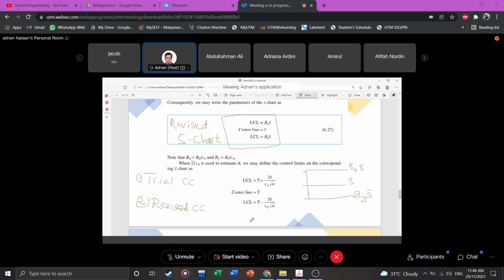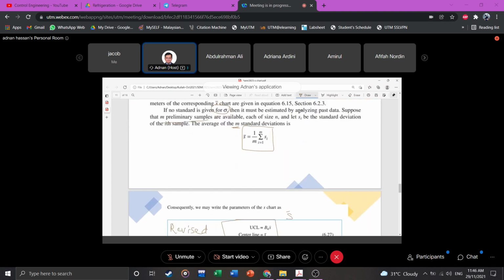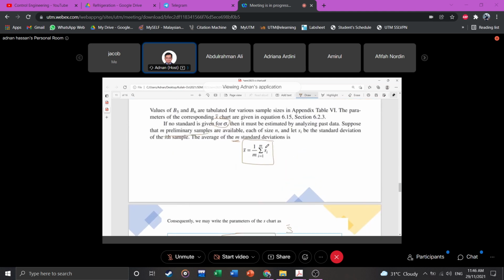For the revised one, we can use this one. The important part here is how to get S bar. S bar here is this one, where in the summation of S we have considered removing the unstable or out of control data.